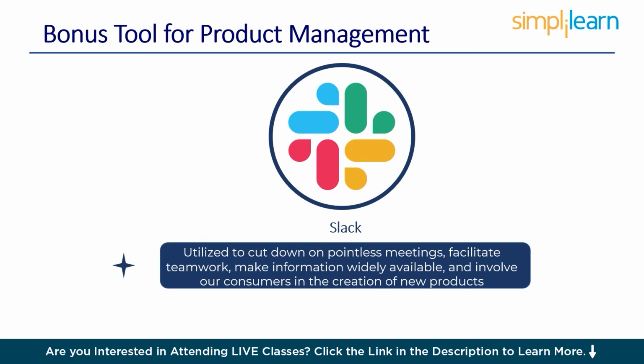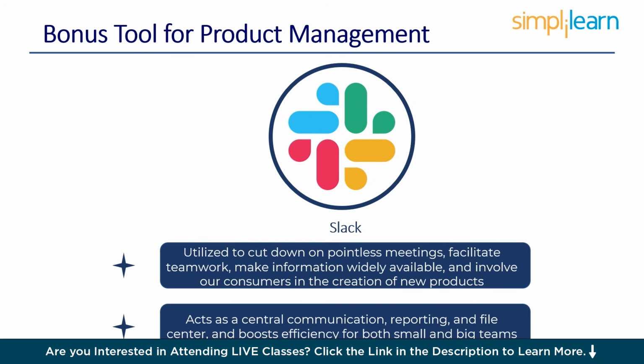To strengthen product organization, Slack has emerged as the most crucial tool. Slack is utilized to cut down on pointless meetings, facilitate teamwork, make information widely available, and involve our consumers in the creation of new products. By acting as a central communication, reporting, and file center, the software boosts efficiency for both small and big teams.